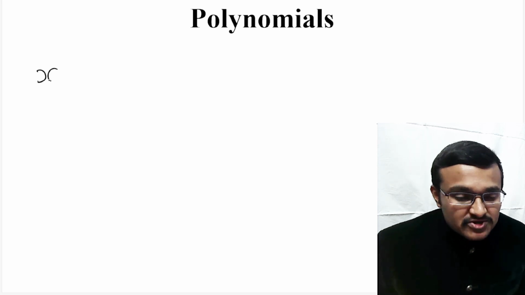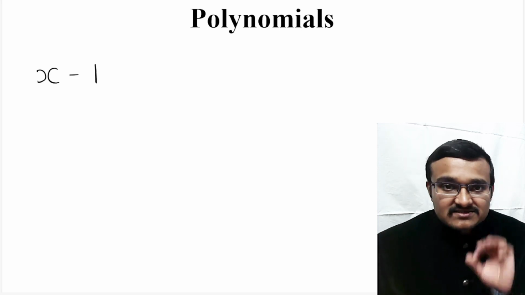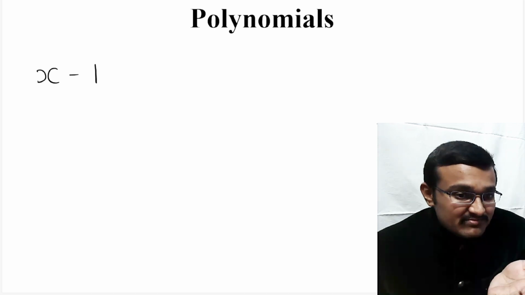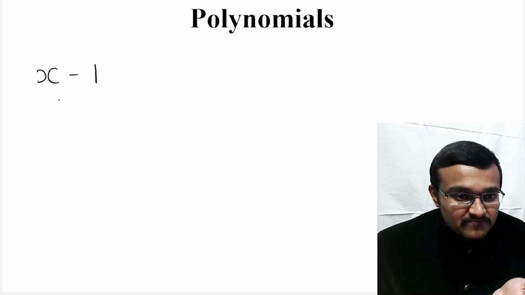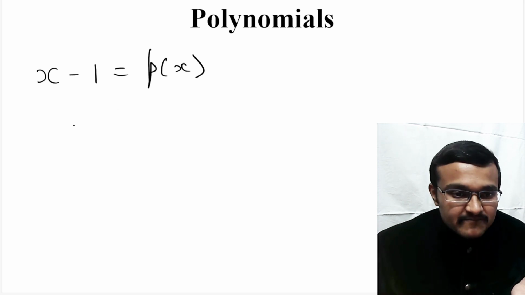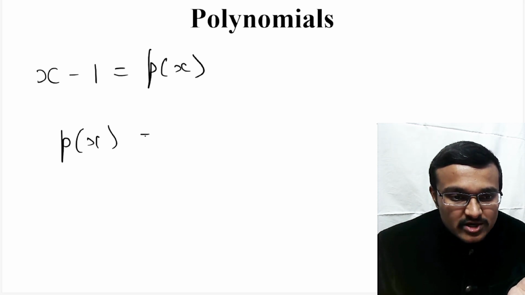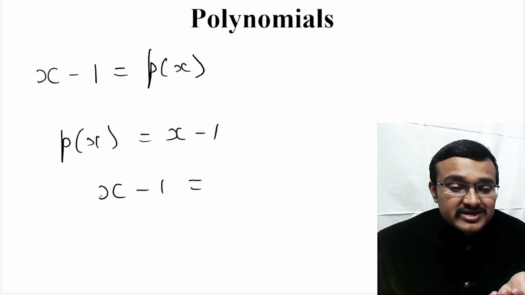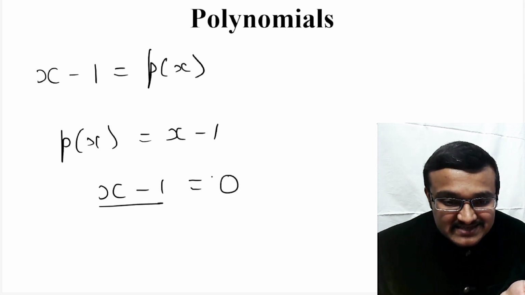So now we have x minus 1 as a polynomial. What can be the 0 of this polynomial? So this is p of x, so p of x is equal to x minus 1. Take x minus 1 is equal to 0.